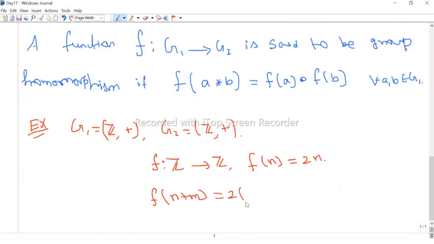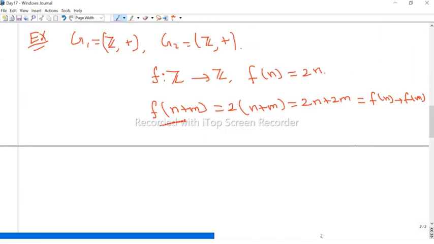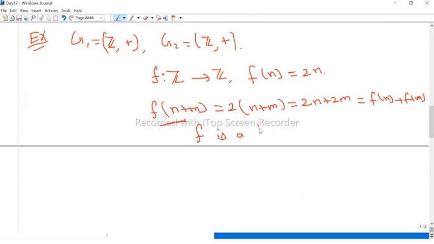By the definition, this is 2 times (n plus m). And if you multiply 2 inside, we get 2n plus 2m. But 2n is nothing but F of n, and 2m is nothing but F of m. Since domain and codomain have the same operation plus, for any n, m this is satisfied. Therefore this F is a homomorphism between Z and Z.